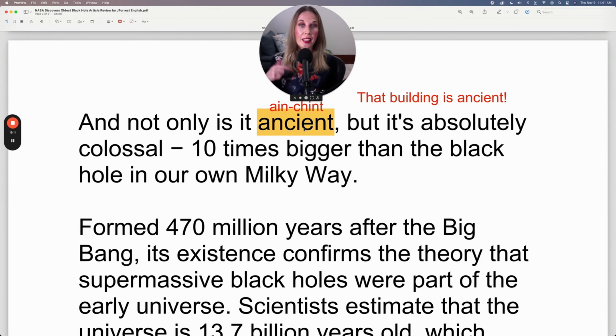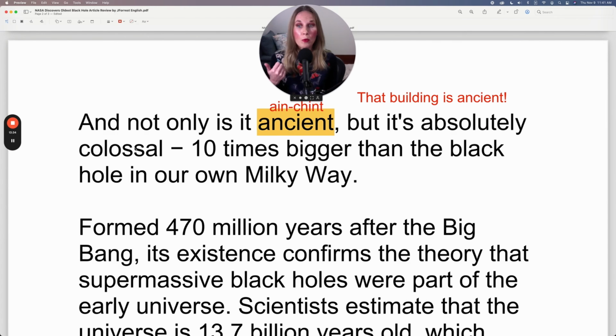Not only is it ancient, but it's absolutely colossal. In this case, absolutely is just an intensifier. It's extremely, very, and colossal also means large, extremely large, very large. So colossal already means very large, and then you add absolutely, which makes it even stronger.